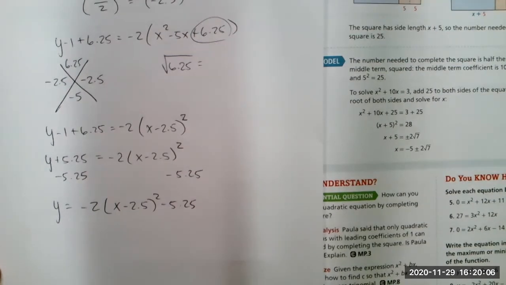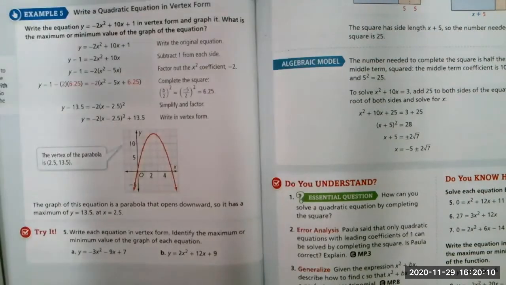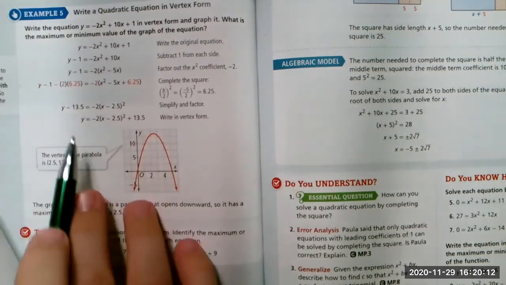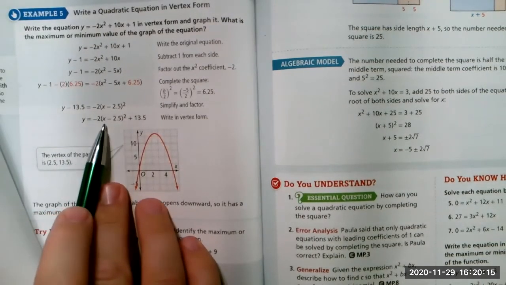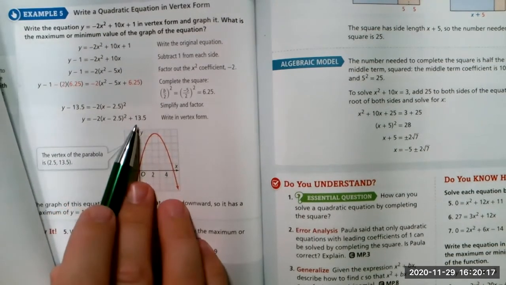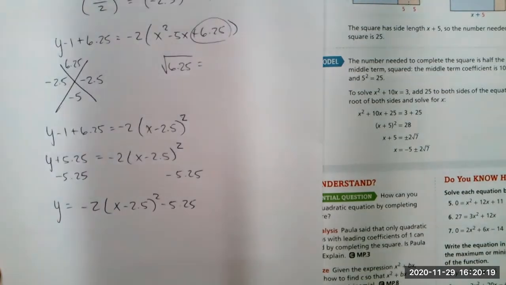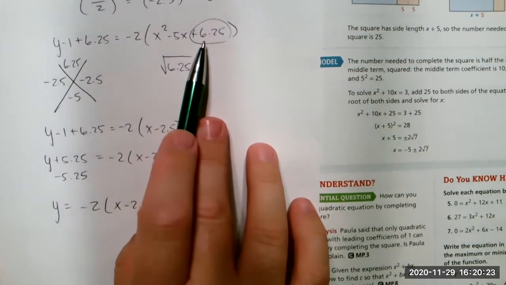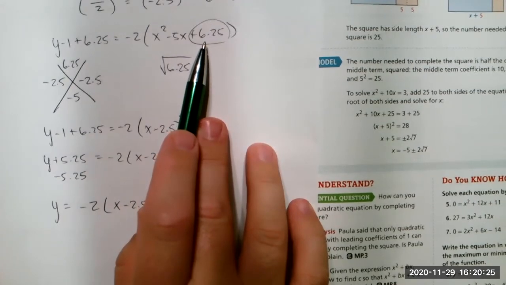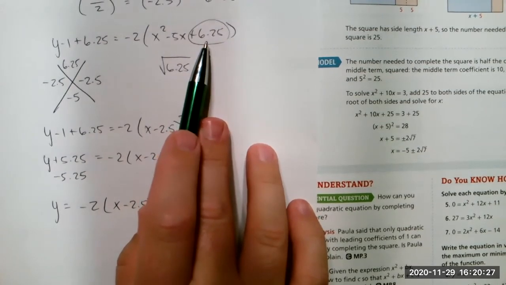Then when I was looking at that, I think I caught my mistake here. Because when you go back over to the book, you'll notice that they have y equals negative 2 (x minus 2.5) squared plus 13.5. My mistake is right here, and maybe you already caught it. Notice that my magic number that I'm plugging into that parentheses is 6.25.